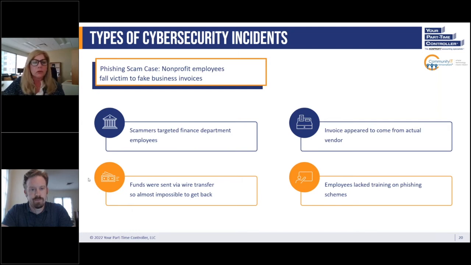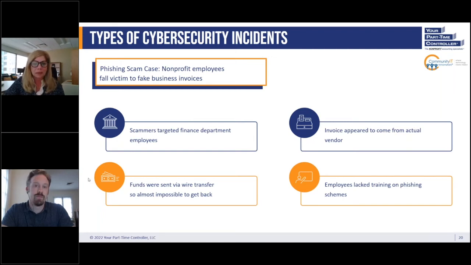In the case that I mentioned earlier with this large nonprofit, this particular organization was nearing completion of its $12 million construction project, very visible to the public in an urban setting, and the thieves knew that was going on.